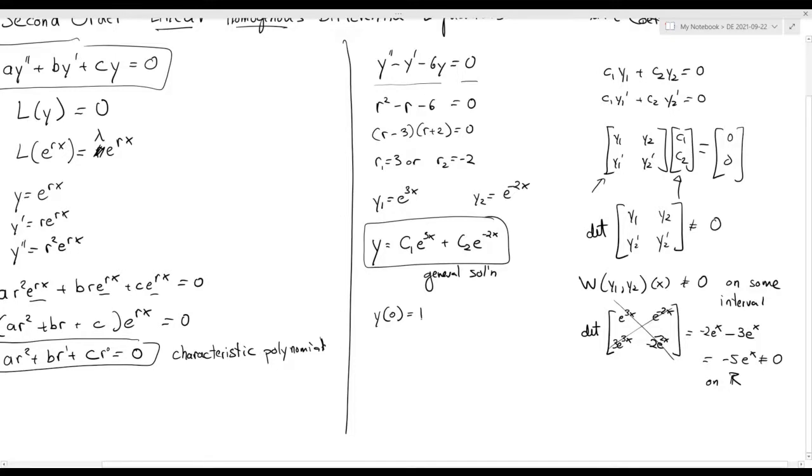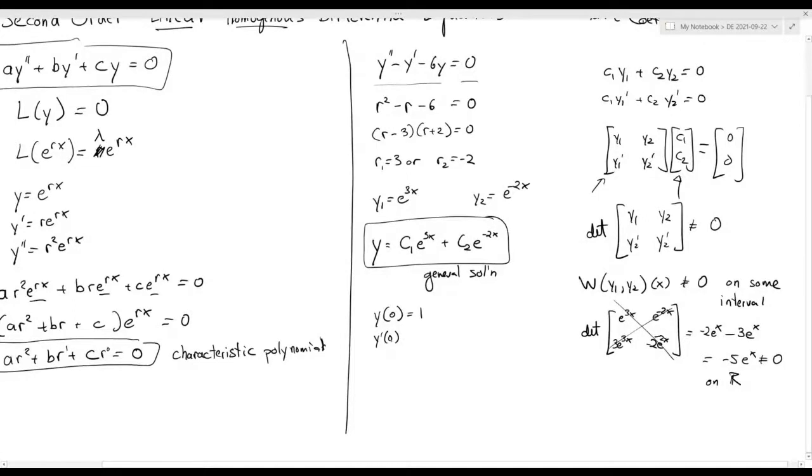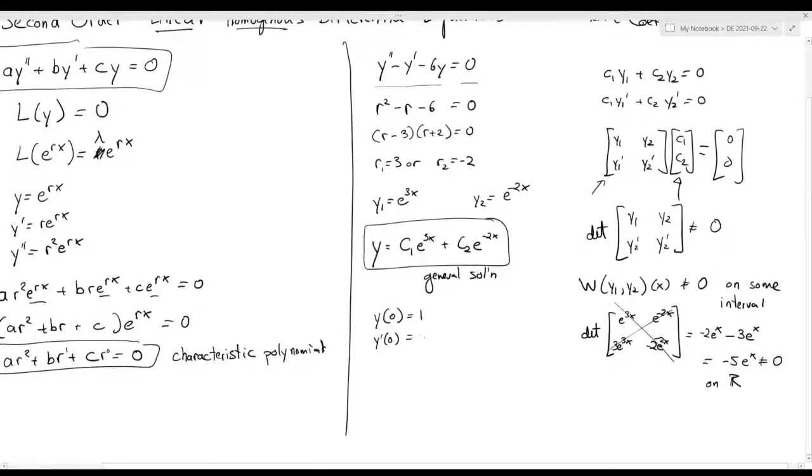You could technically have boundary conditions, like y of 0 is 1 and y of pi is equal to something else. But they'll typically just give you the derivative. So let's say y prime equals 0.